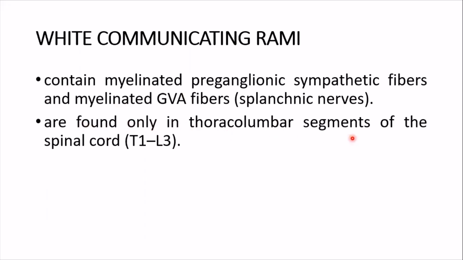So you know what the thoracolumbar outflow is: the sympathetic outflow part of the autonomic nervous system, which extends from T1 to L3, that is, T1 to T12 and L1 to L3. White communicating rami contain myelinated preganglionic sympathetic fibers and myelinated general visceral afferent fibers.